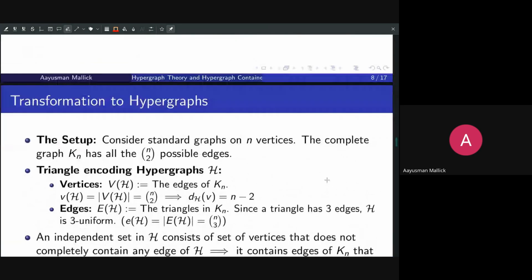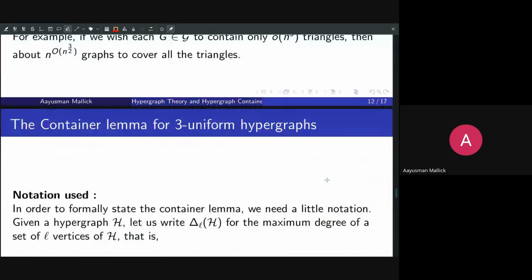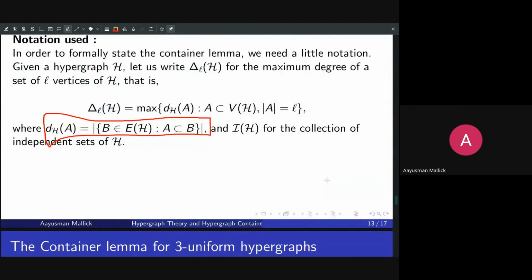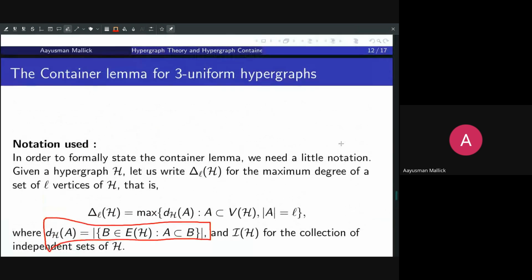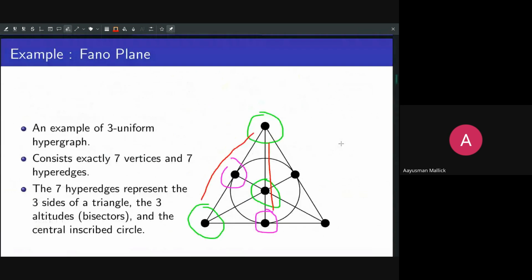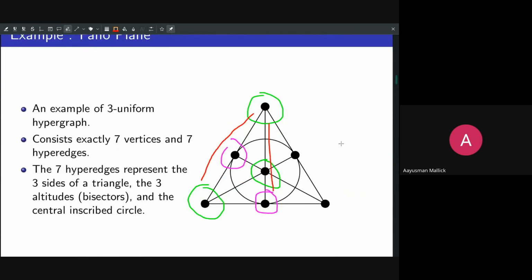So the degree of a hypergraph, more precisely the degree of a subset of vertices of the hypergraph, is nothing but the number of edges of that hypergraph in which the given set of vertices is properly contained. Let us go back to the plane example.